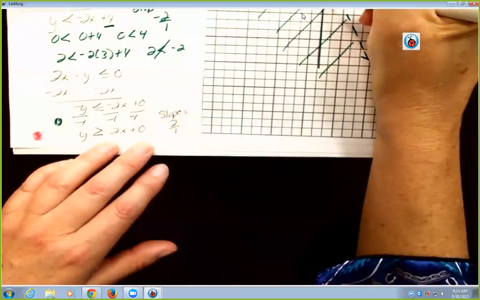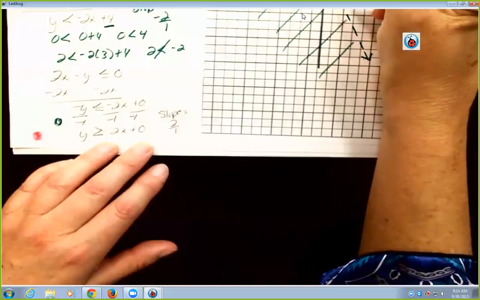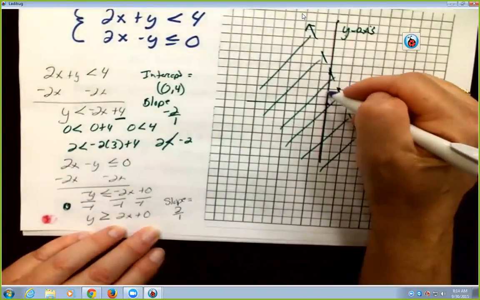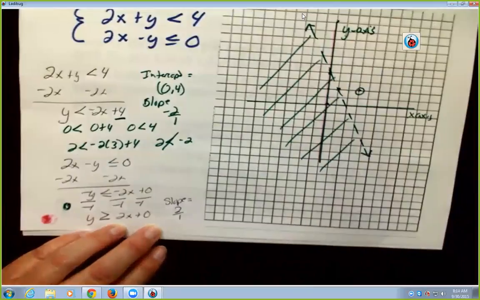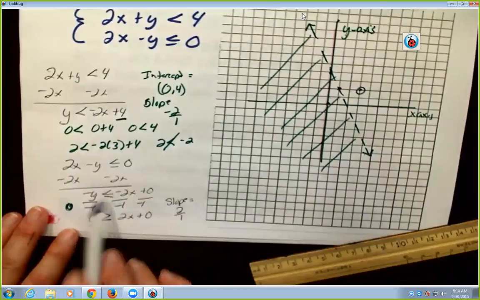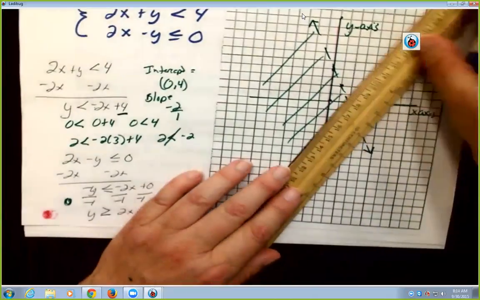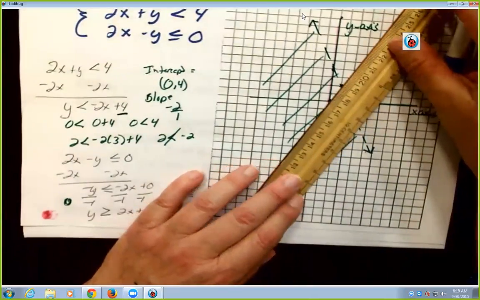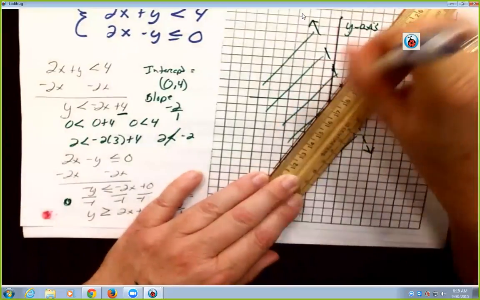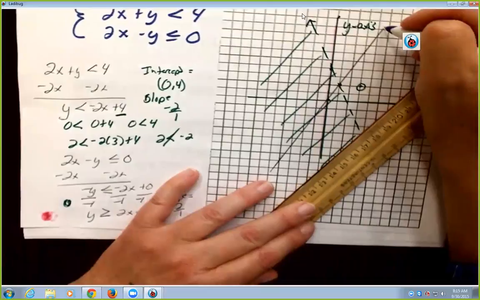So I'm going to go up 2 and over 1. Am I off the screen? There we go. That's better. So I'm going to go up 2 and over 1. And because my inequality had an equals, that means I am going to put a solid line in here. Make it dark enough.